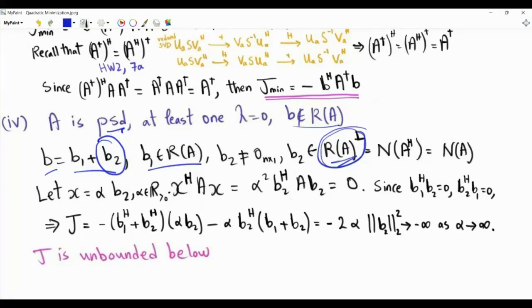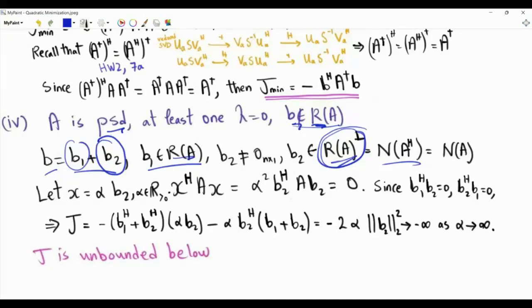And this subspace that is orthogonal to the range of A is exactly the null space of A Hermitian. And because our matrix is a Hermitian matrix, A Hermitian is equal to A. And so the null space of A Hermitian is the null space of A. So since vector B is not in the range of A, vector B has two components.